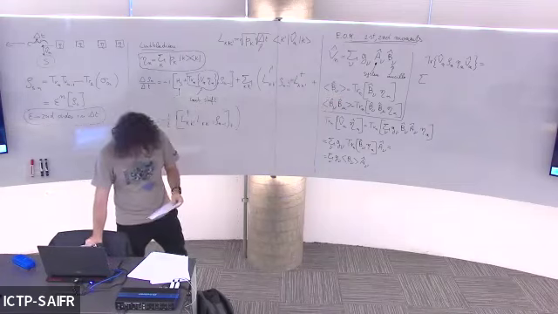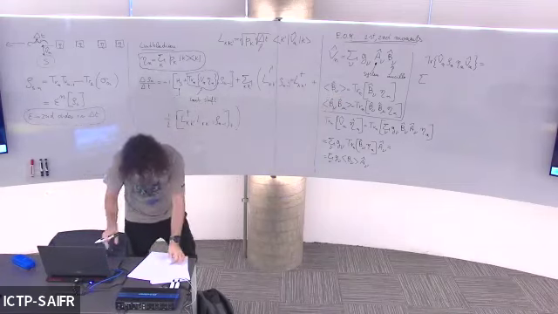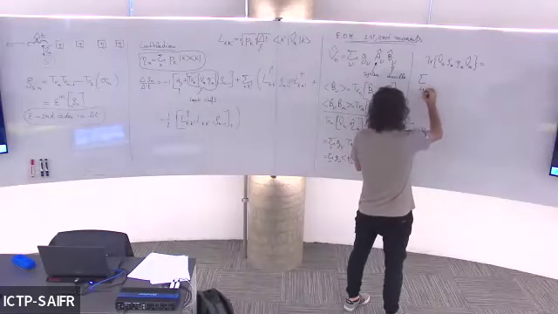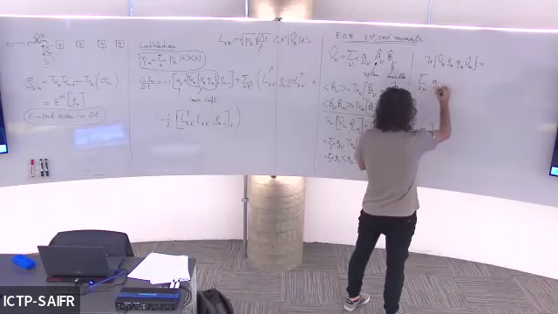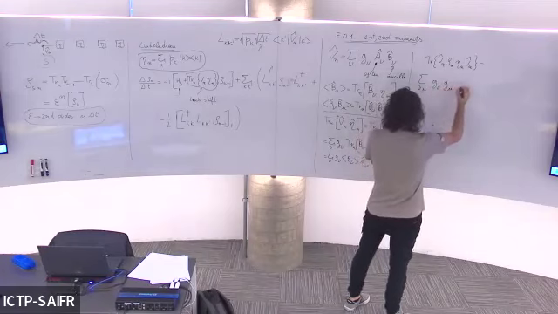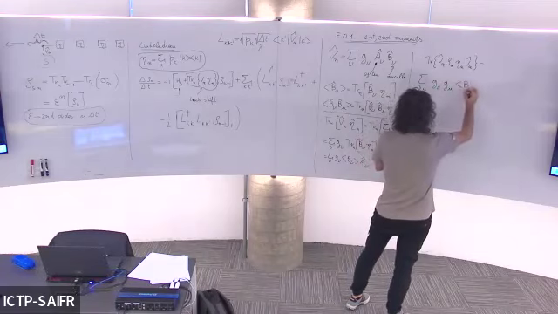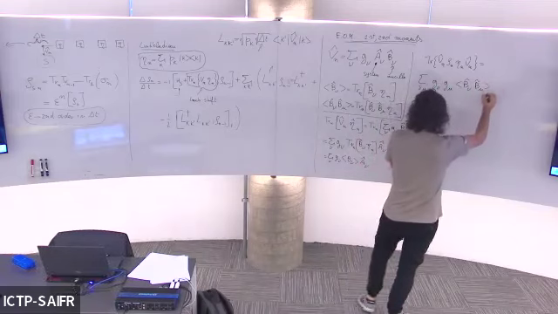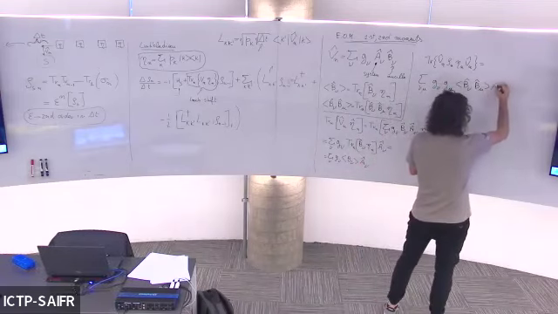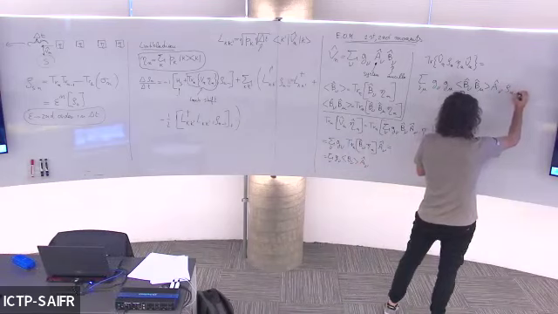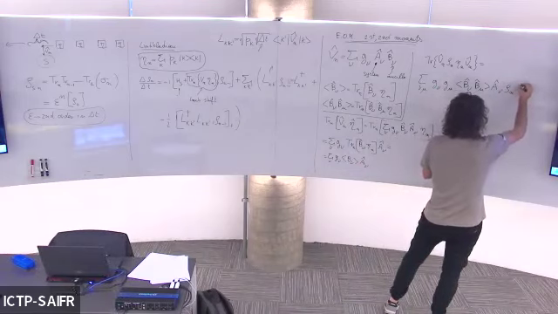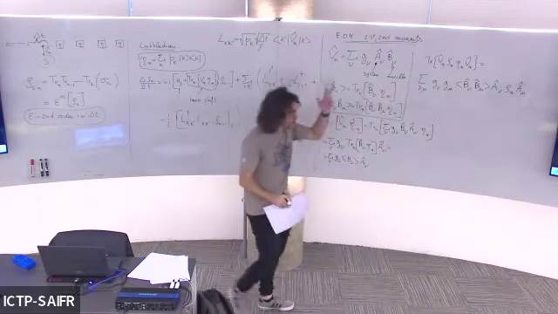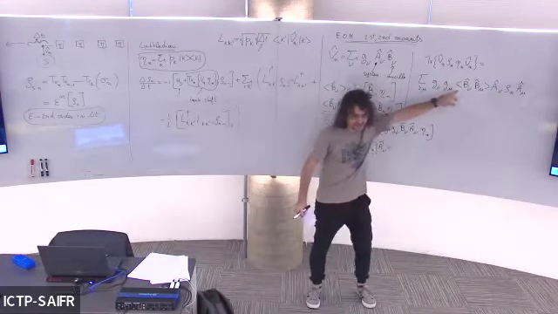So this term simply becomes a summation over mu of G mu, B nu, B nu, A nu, rho n, nu.